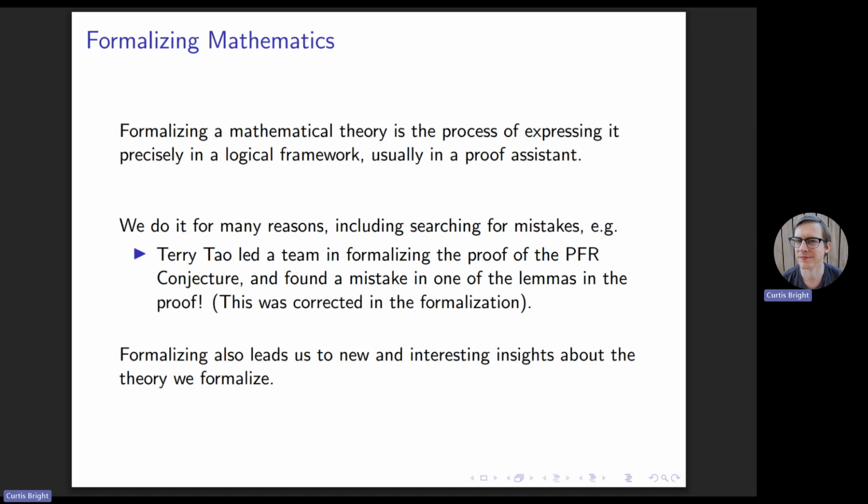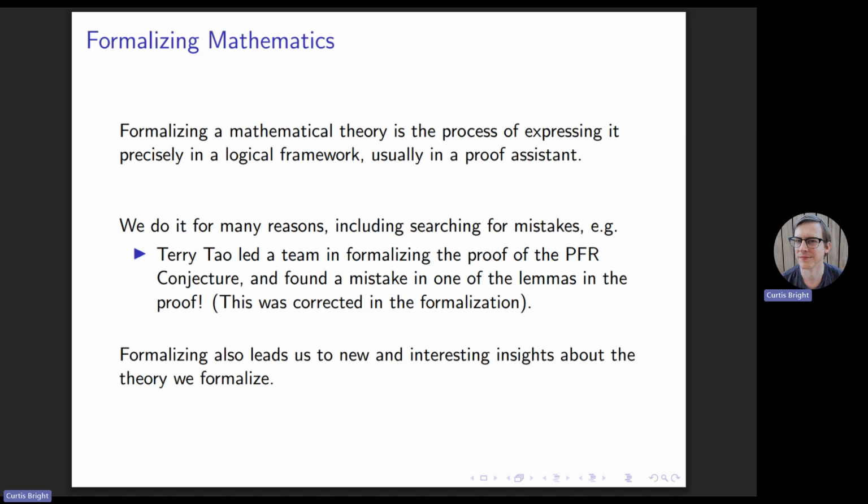It's easy to find results that you're looking for. You want to find new insights about the theory that you're formalizing. In the process of formalization, often people will find new ways of expressing a proof or new ways of writing definitions.